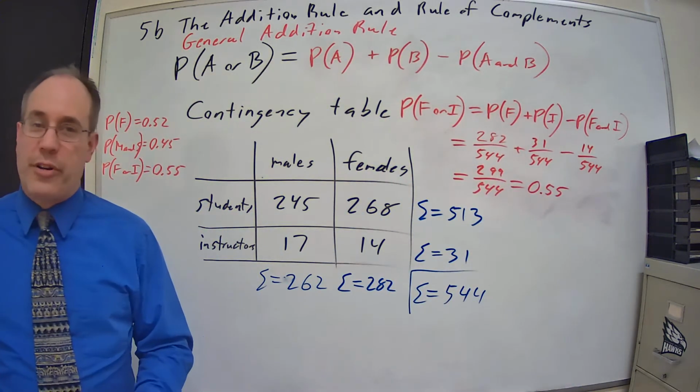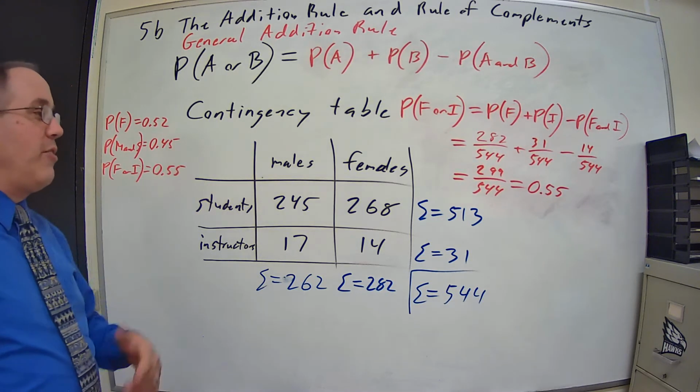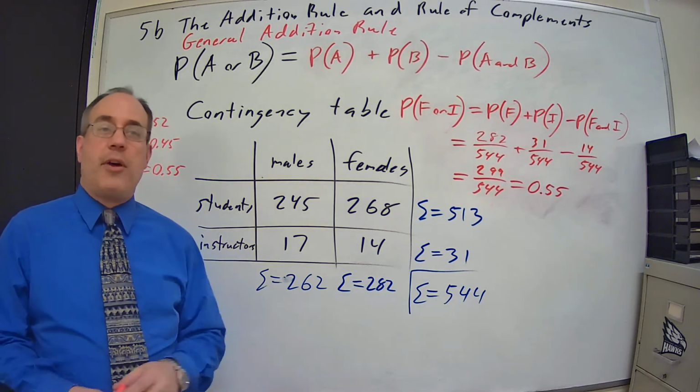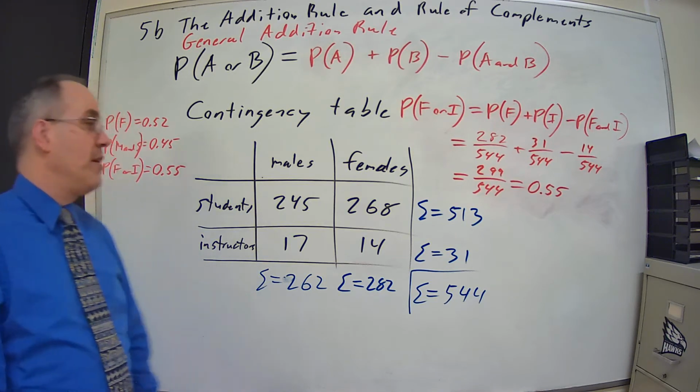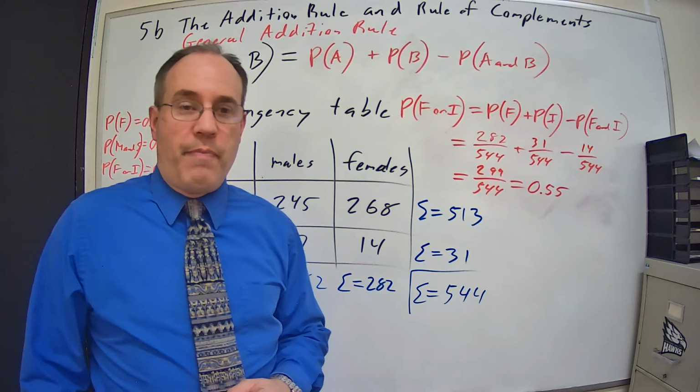Well, look, it worked. That's what we got before. We got 299 over 544, which came out to be about 0.55. The probability that event A or event B occurs.